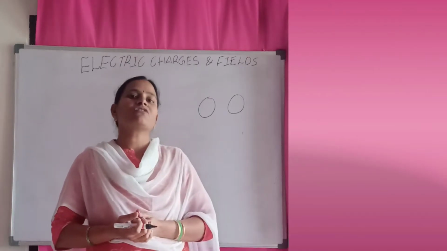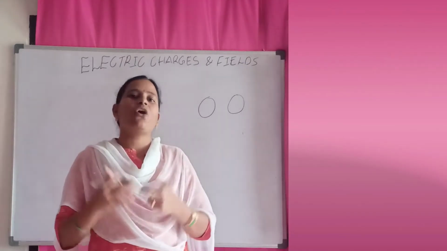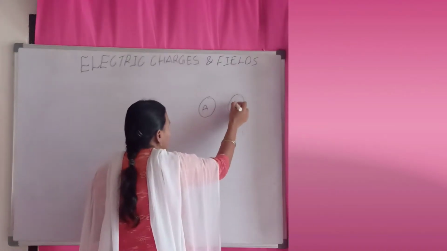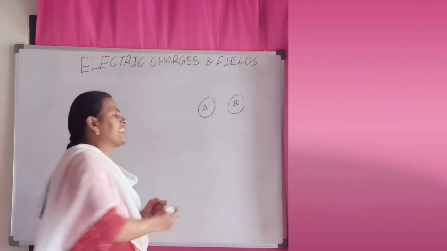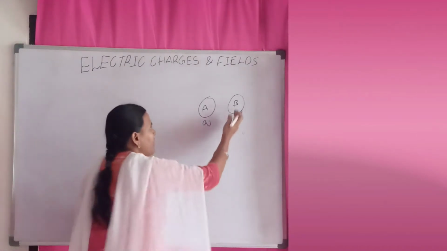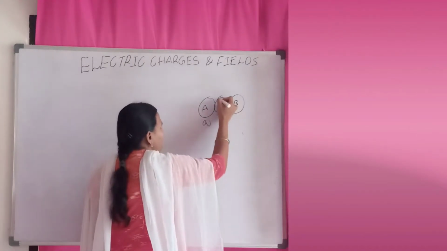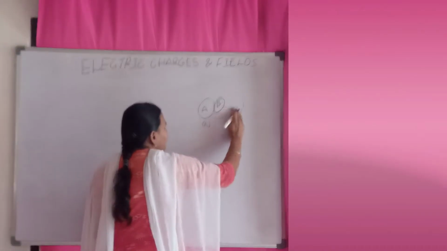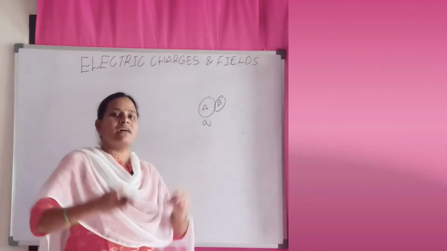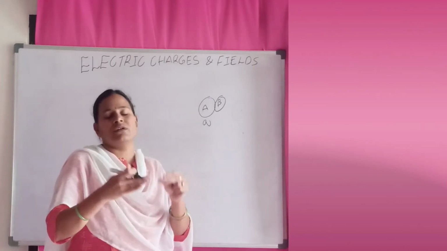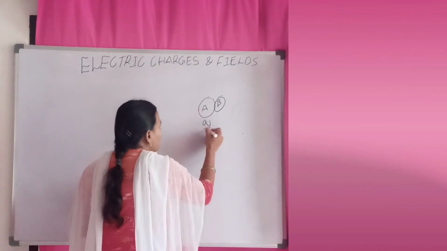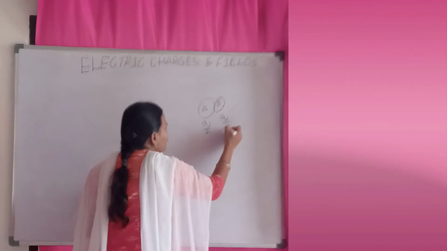He didn't know how much charge there was, so he observed that when B touches A, it goes to equilibrium, and both metallic spheres become charged, each getting Q by 2.